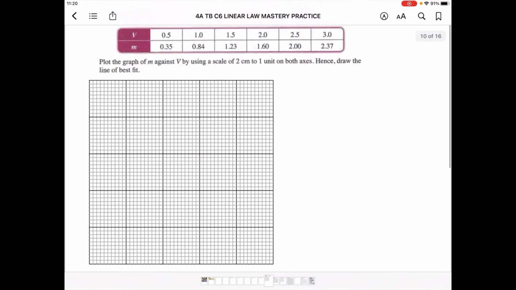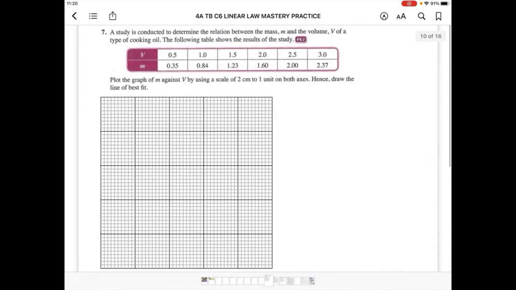Okay, let's draw. So this is my axis. This is v, this is my y-axis. My line is not very straight. This is m. So this will be 0, 1, 2 and 3, 1, 2, 3. I don't have to draw more than that.